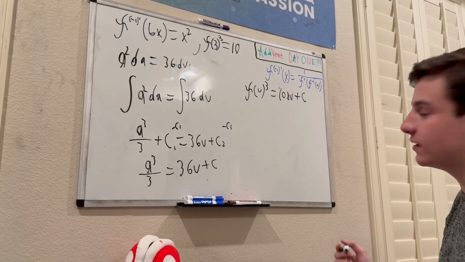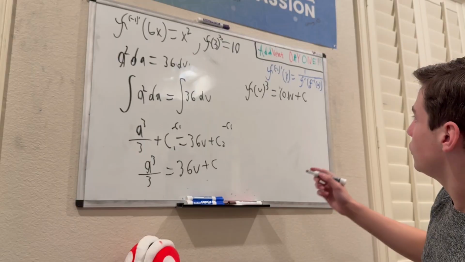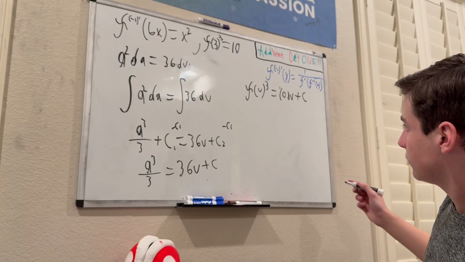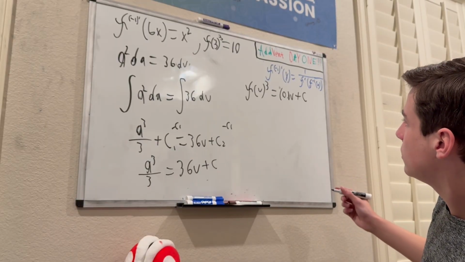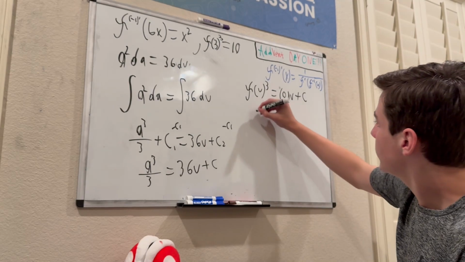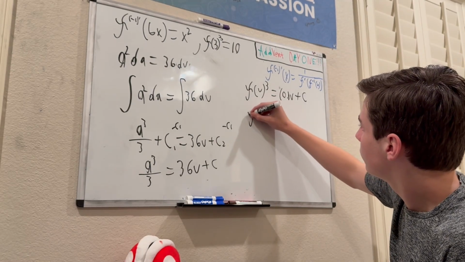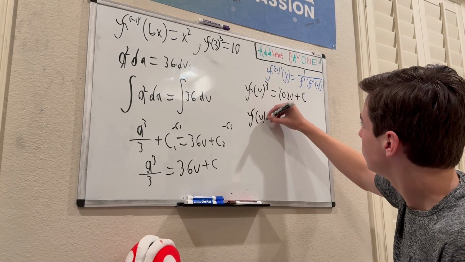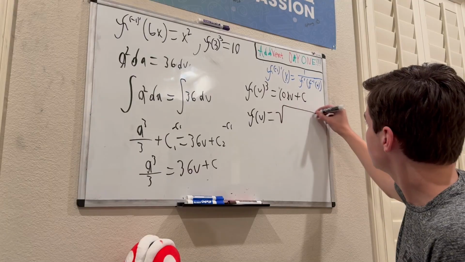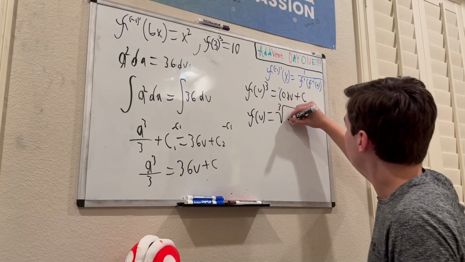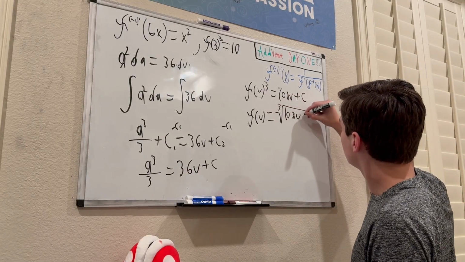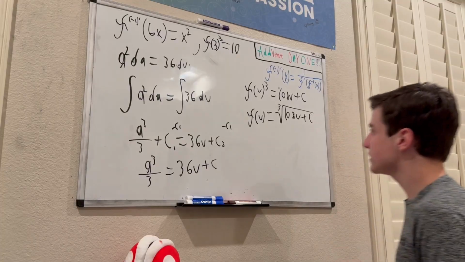It's an arbitrary constant, it doesn't really matter. And now we can cube root both sides of the equation, and we get that f of u is going to be equal to the cube root of 108u plus an arbitrary constant.